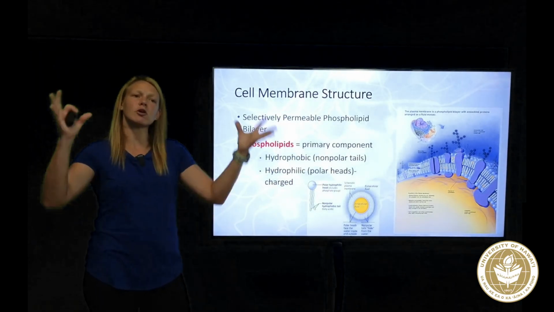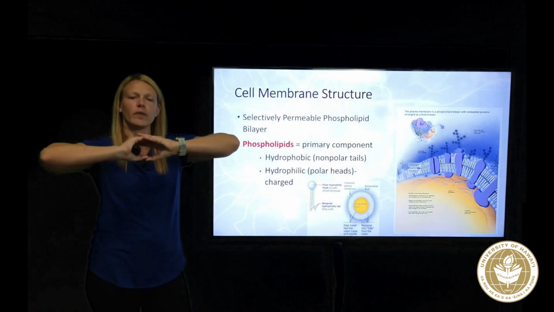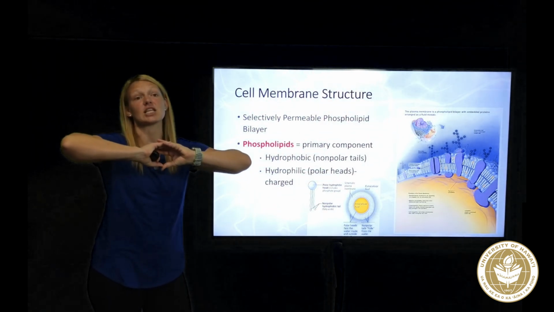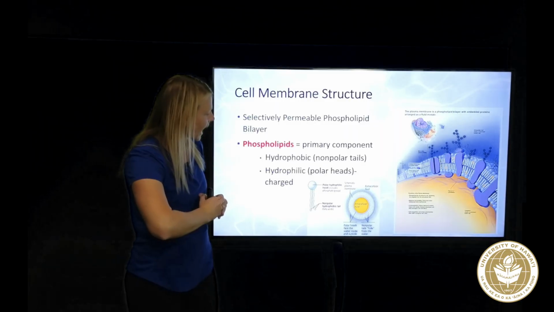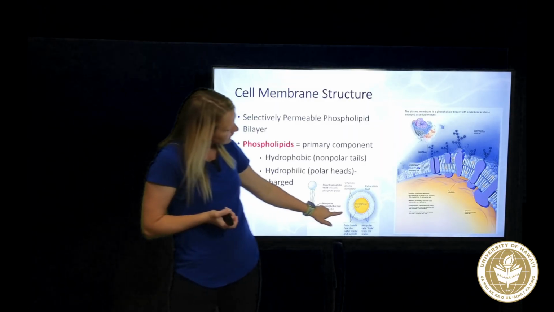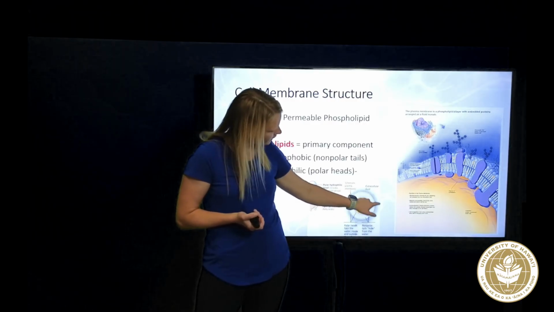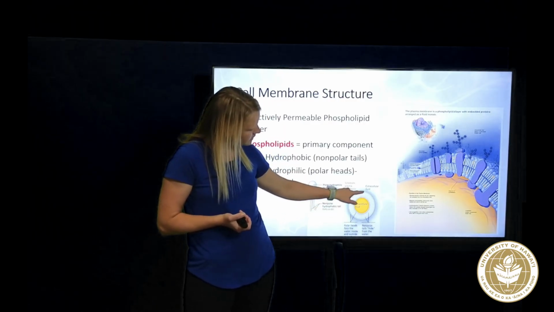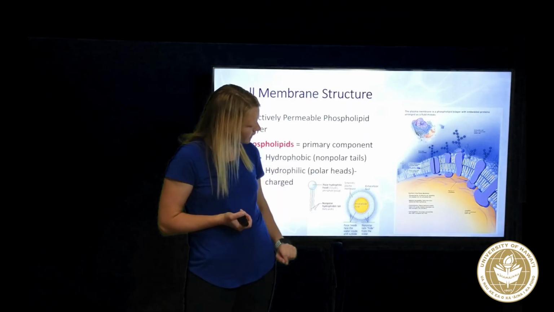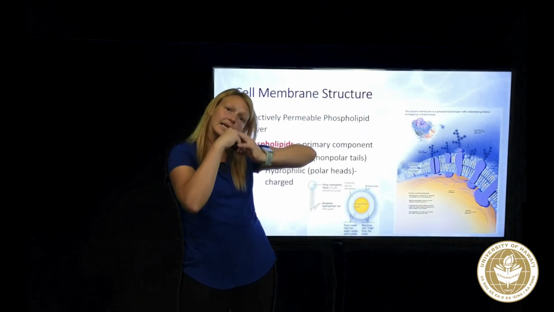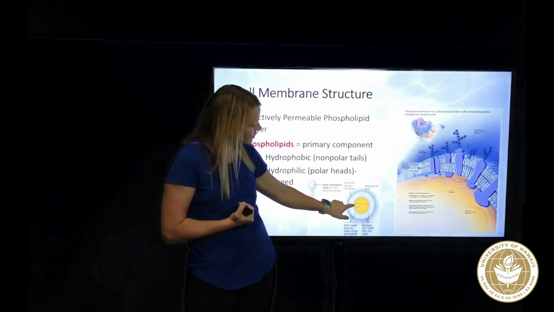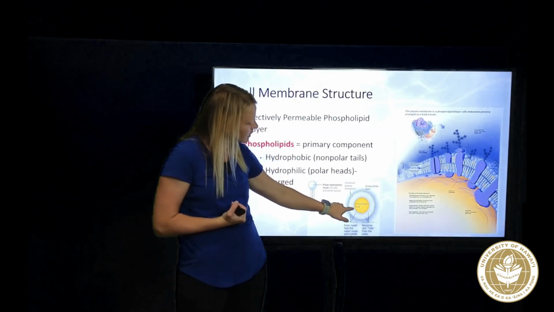These are going to be arranged in a certain way on the membrane that makes them essentially happy. If you look at it, these hydrophilic heads, meaning they like water, you're going to see them on the outside, next to the extracellular fluid. You also see them facing the inside of the cell, the intracellular fluid or the cytoplasm, right?